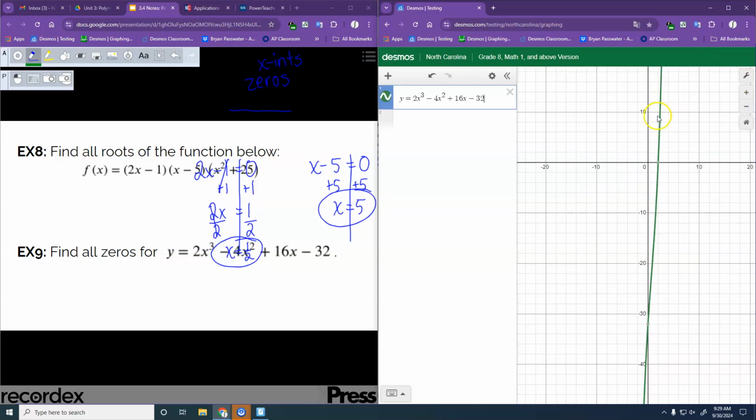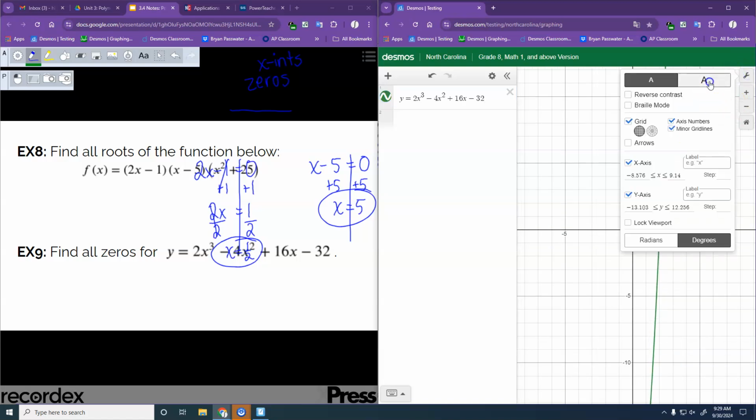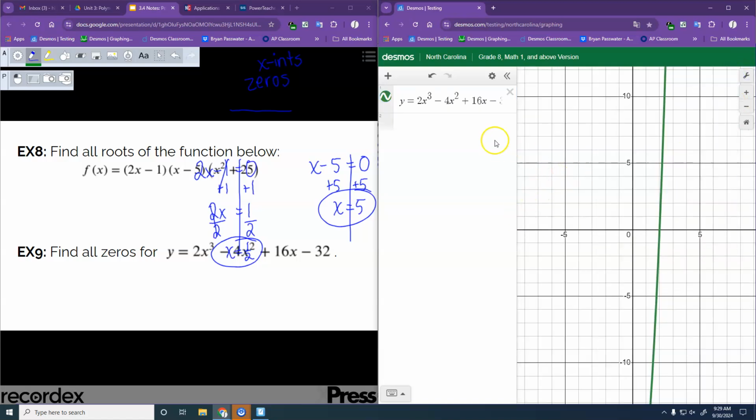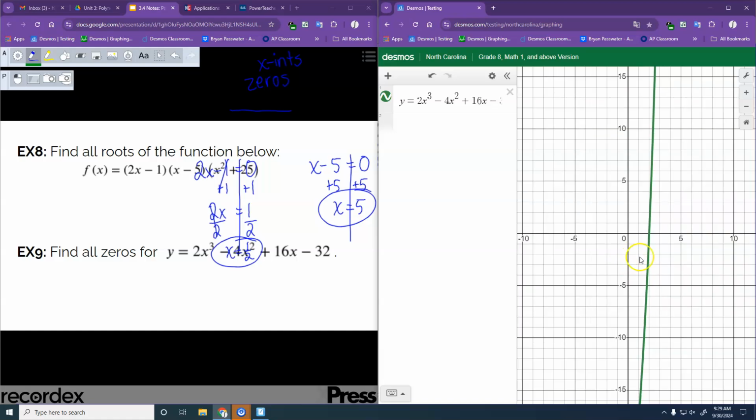Now, I'm pretty sure, if I type that in right, it looks like there's only one real zero for that, right? And it looks like it's at 2. So, it looks like I have a real zero at x equals 2.